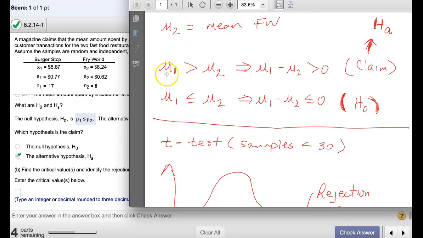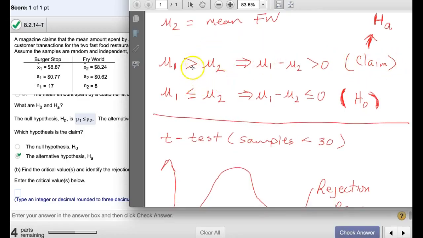Whenever your alternative hypothesis has a greater than sign, then you're going to have a right-tailed test. One way I like to remember this is that the greater than sign is pointing in the right direction. So that tells me that the rejection region needs to be to the right.